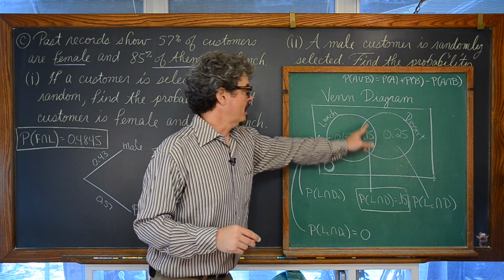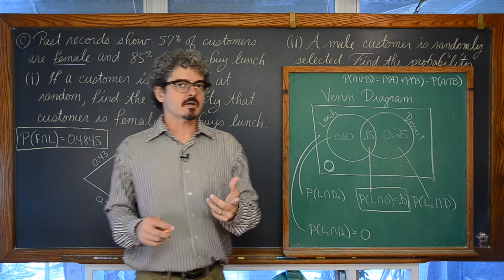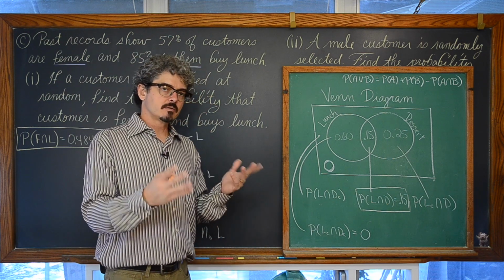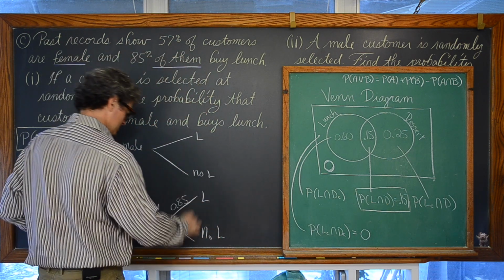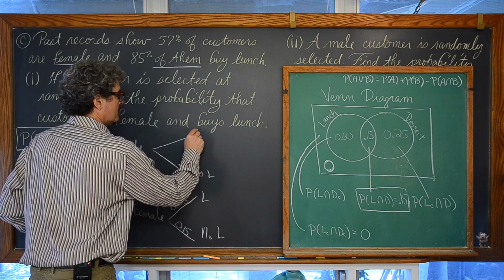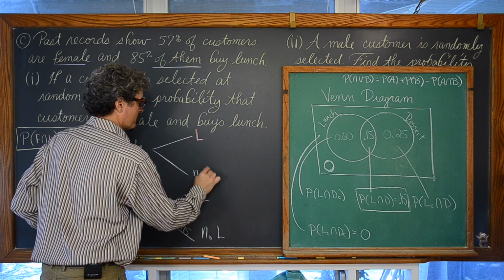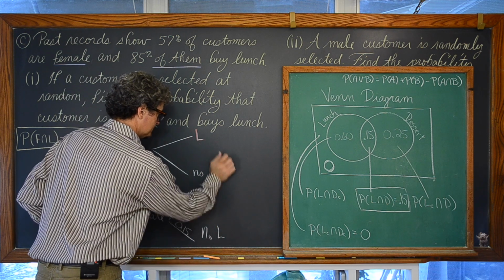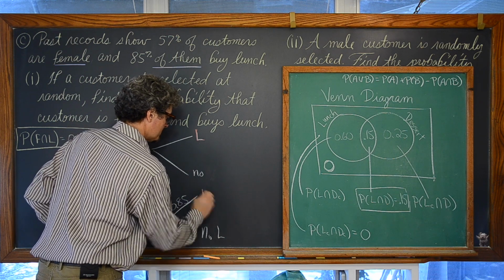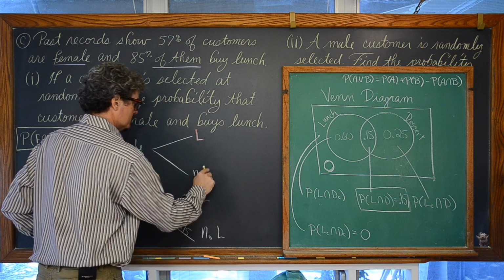We were told that 75% of the customers bought lunch. And we have, highlighted in red here, 2 branches that end with someone buying lunch.